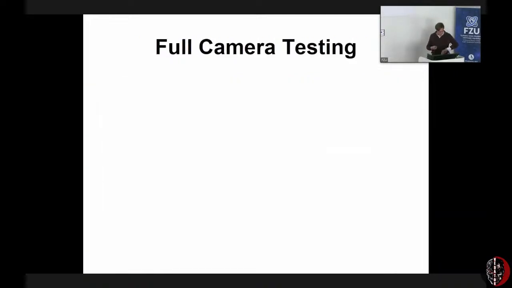Now let me spend a few minutes talking about full camera testing. A lot of this testing and ideas of what to measure and how to measure came from our studies of the sensors, which we had done for a decade before for the real camera.